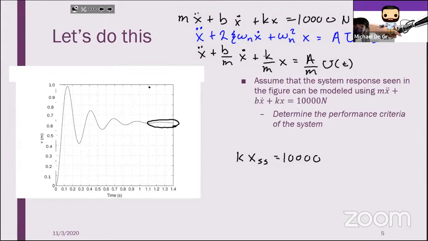Ideally, you would have gotten a little bit more than that on the tail end, but that's fine. We can come up with an estimate of what steady state is. So K should be equal to 10,000 divided by x steady state, which I'm going to say is approximately 0.64 meters.